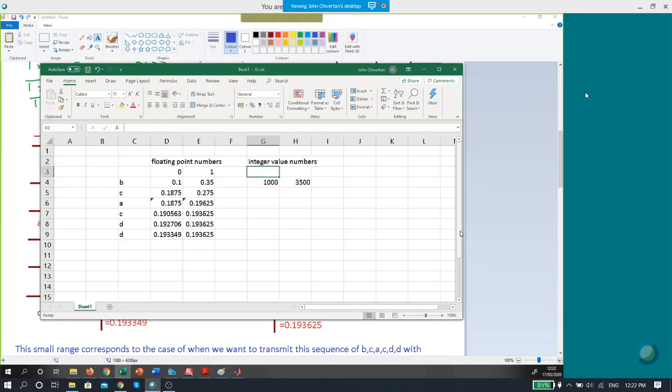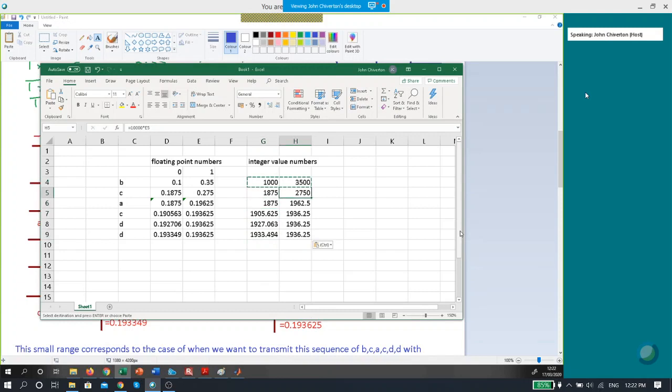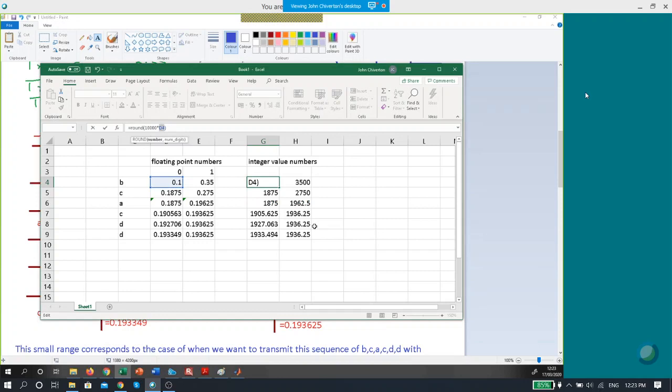Yeah, and we can repeat that, can't we? Look, one thing is we're getting floating point numbers on this side as well, aren't they? So we need to round it off as well. We need to apply that round function, which Excel and MATLAB and lots of other tools have.